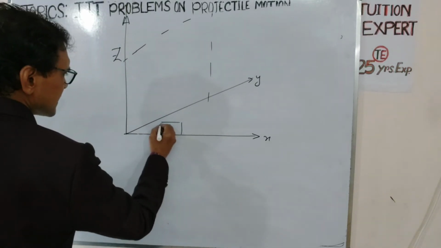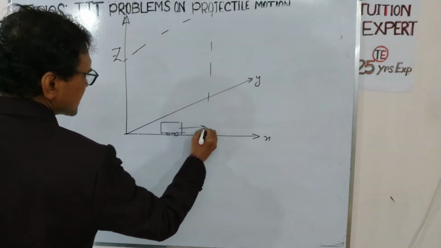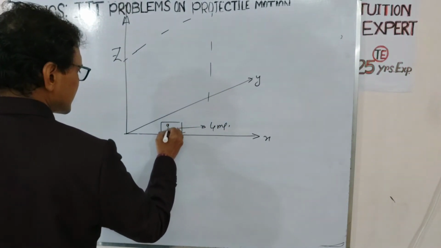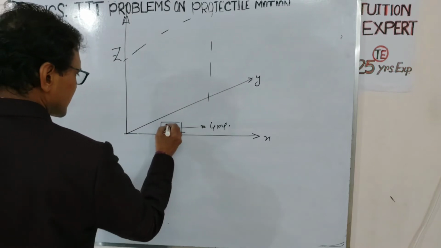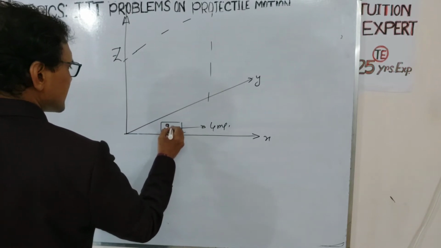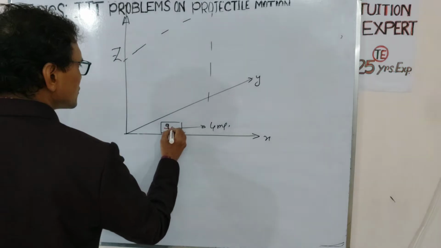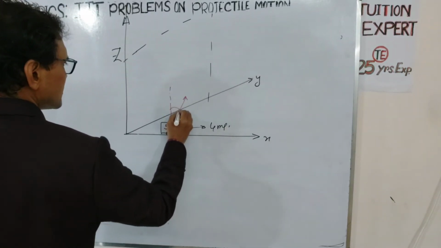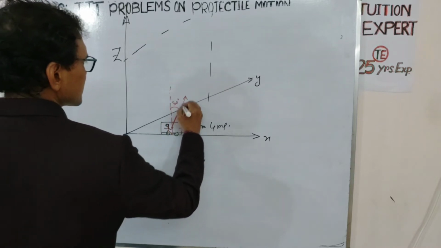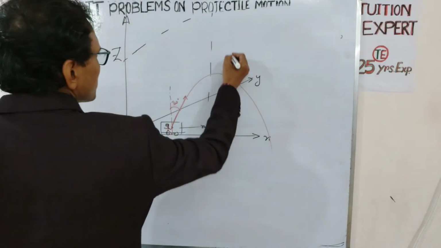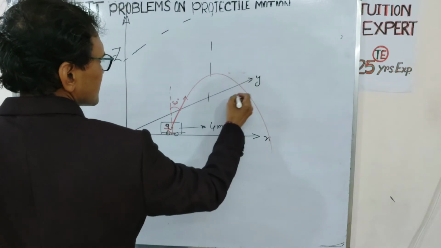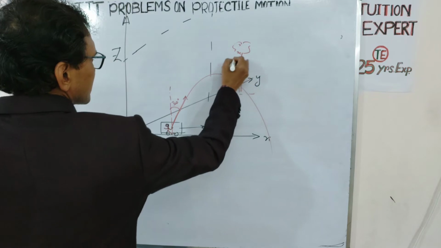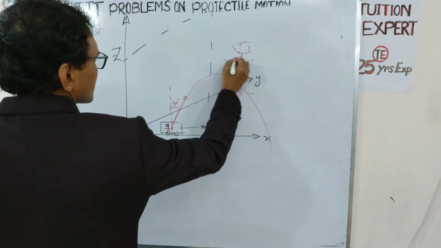The car is here, moves in this direction with a velocity of 4 meter per second, and a man here throws a stone with 30 degree to the vertical. So this becomes this motion, and suppose this is a tree.